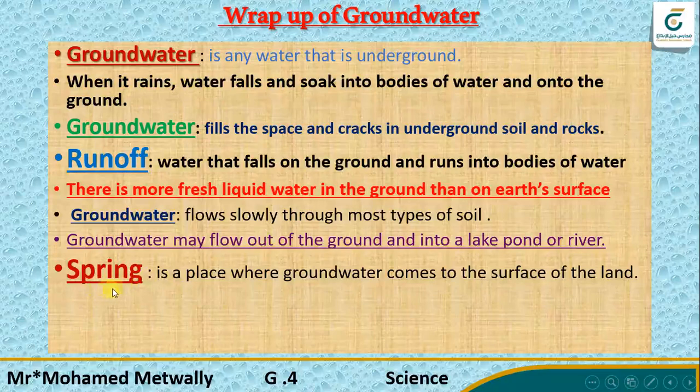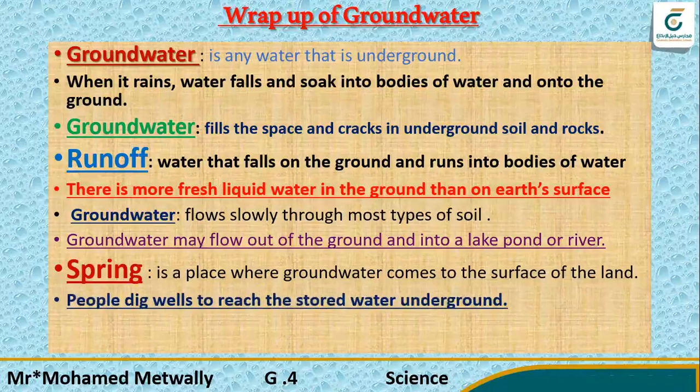You know that there are 4 seasons: summer, fall, spring, winter. Spring here is a place where the underground water comes to the surface of the land. When the groundwater comes to the surface, we call this place a spring.